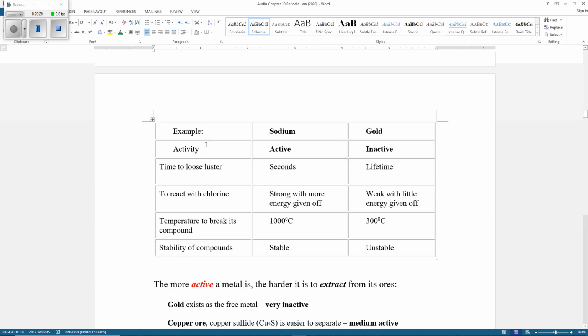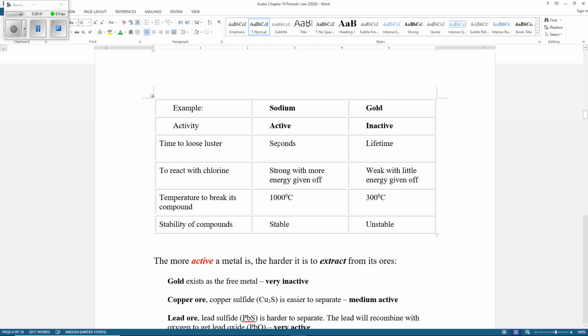Okay, so now I'll give you two examples. Sodium is an example of very active, and gold is an example of inactive. So that's activity. If you take sodium out of its container, usually you have to keep it in noble gases. You take it out in the air, what happens?